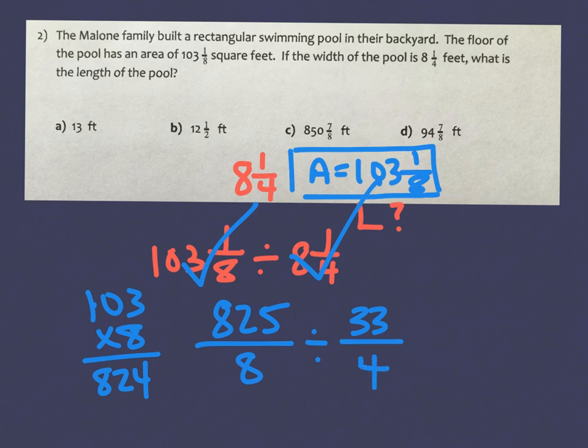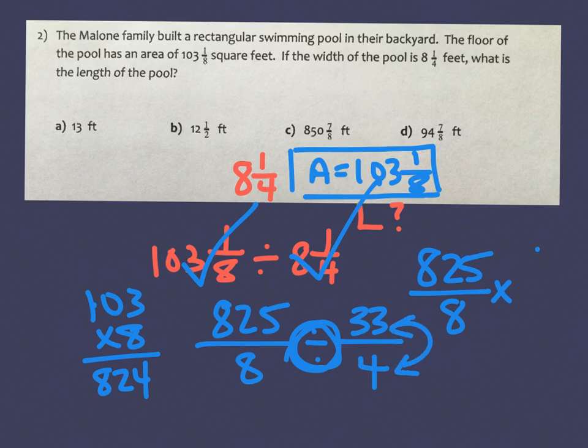Now you should remember, when we divide fractions, we elect instead to multiply by the reciprocal. So in other words, we get 825 over 8 multiplied by the reciprocal of 33 over 4, which is 4 over 33.